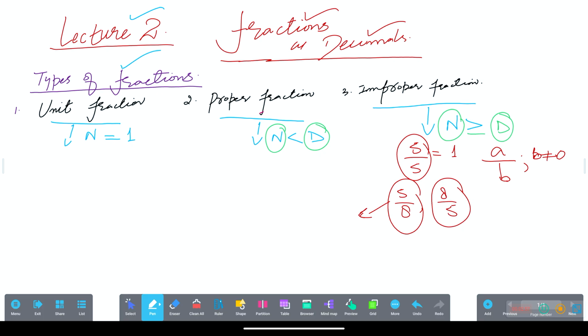Now we will move to the 4th type of fraction, on the other side of your screen. So here it is. I am now continuing types of fractions. And now we are moving to the 4th type. The 4th type of fraction that I will take here is mixed fractions.